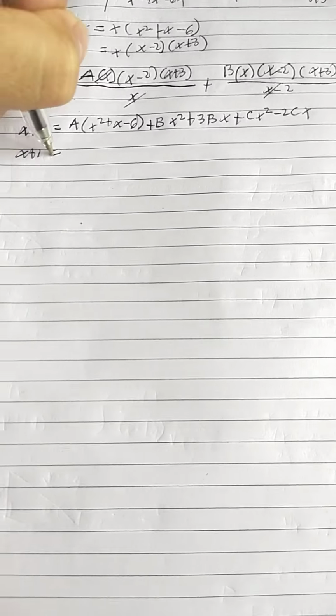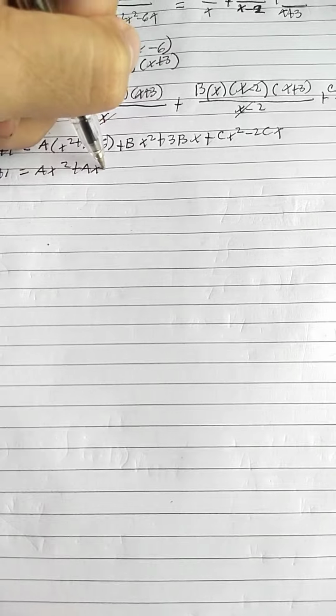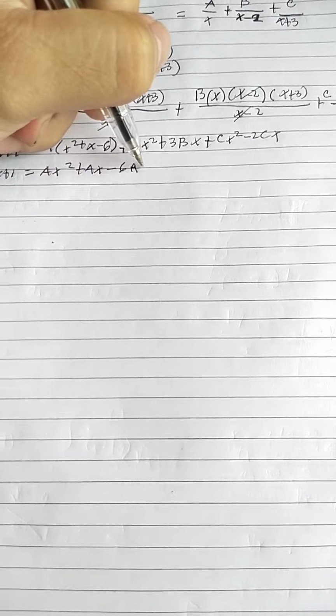Then we will distribute. So x plus 1 is equal to ax squared plus ax minus 6a plus bx squared plus 3bx plus cx squared minus 2cx.